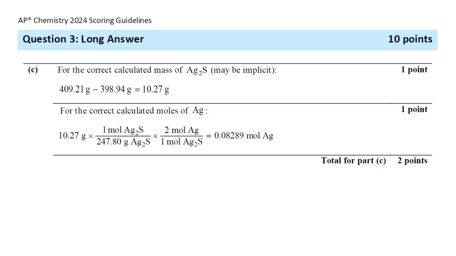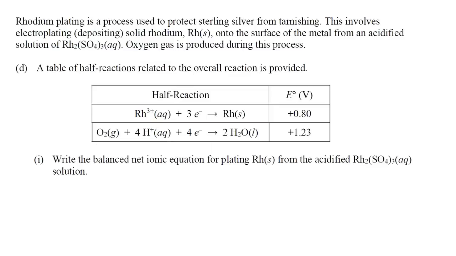But if students did make a mistake in Part C, it was most likely this important step, that they failed to recognize that the moles of silver is not the same as the moles of silver sulfide. All right, well, that is the official answer to Part C. Now let's go ahead and take a look at Part D of Question 13.